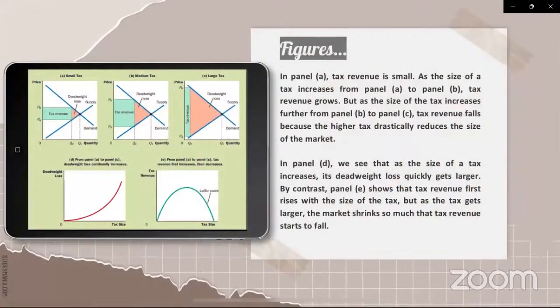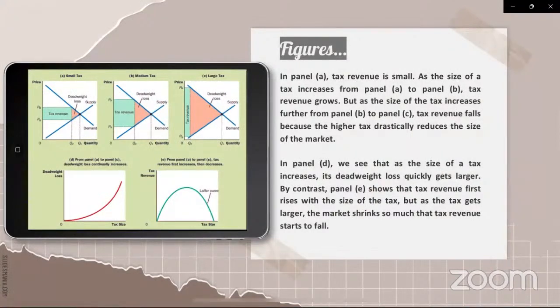The government tax revenue is the size of the tax times the amount of the good sold. As the first three panels of the figure show, tax revenue equals the area of the rectangle between the supply and demand curve. For the small tax in panel A, tax revenue is small.